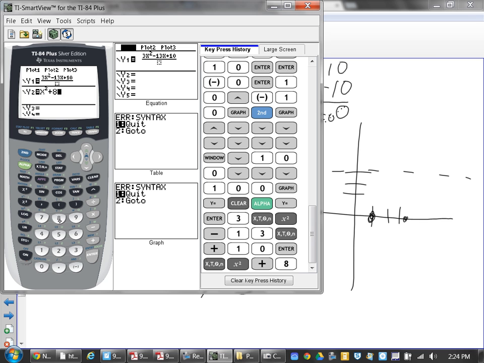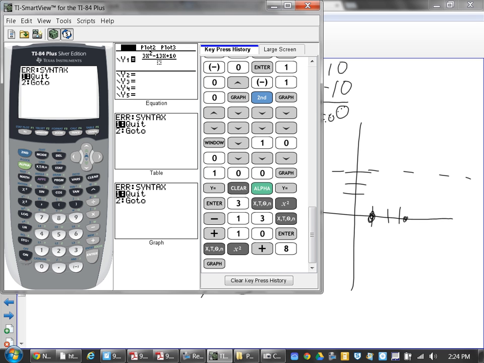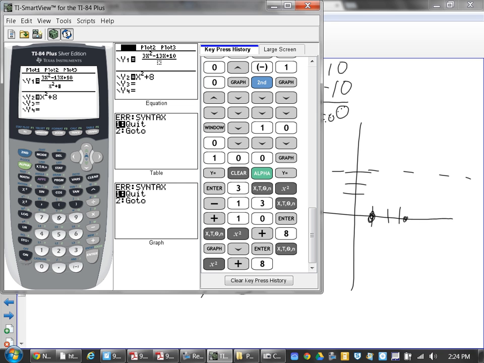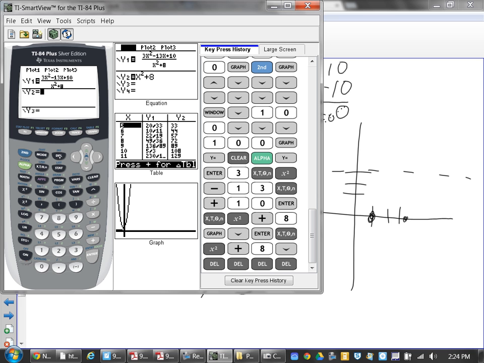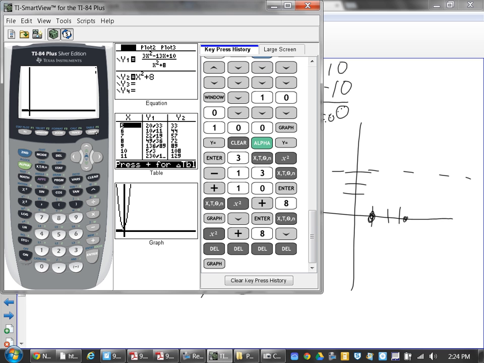You didn't do the fraction. Oh, I didn't. Yeah, you're right. Whoa, this is weird. Oop, I gotta change my window.